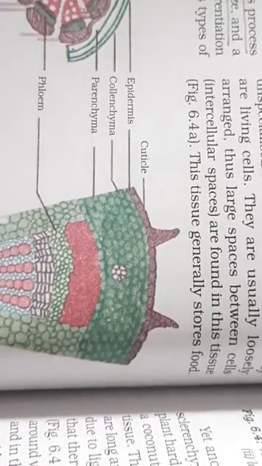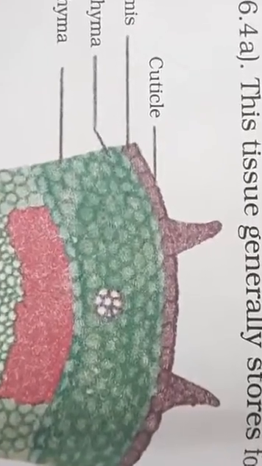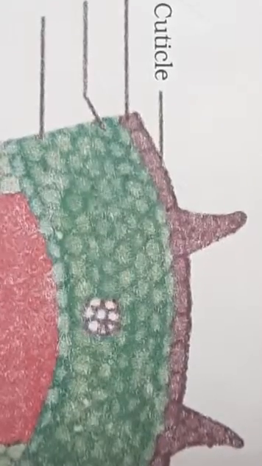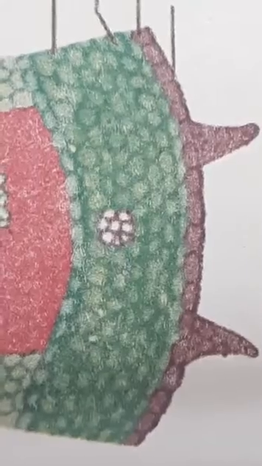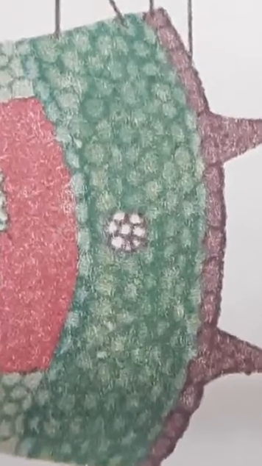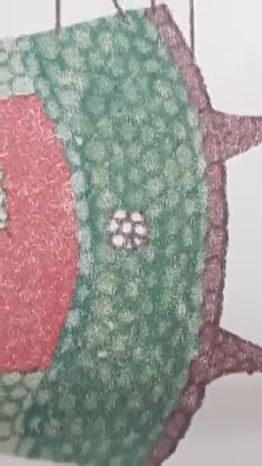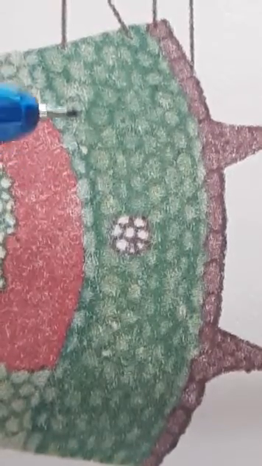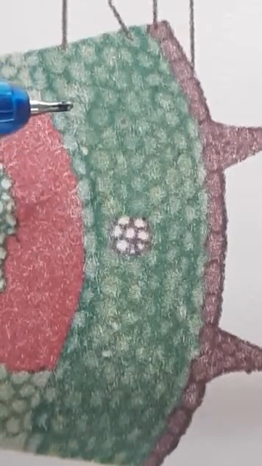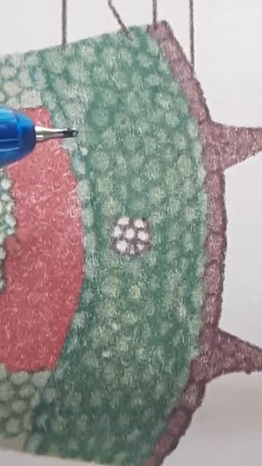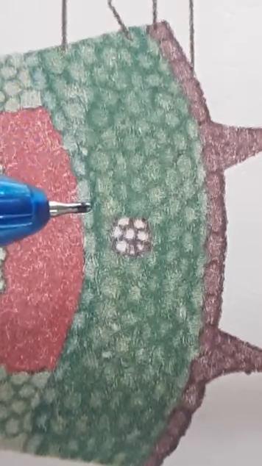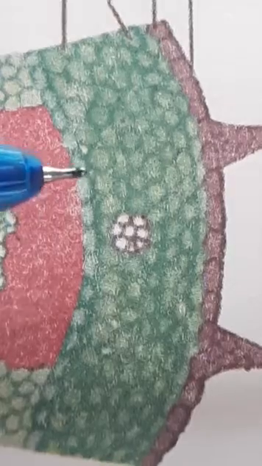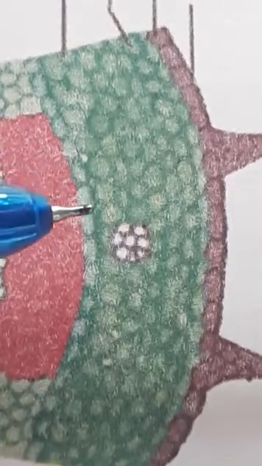If you look at the figure, since we cannot go to the lab now, I have enlarged it. You will see that the parenchyma cells are very loosely arranged, and there are large spaces between these cells.